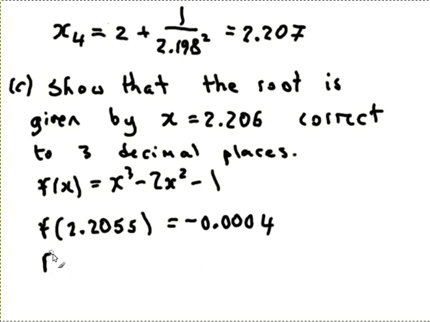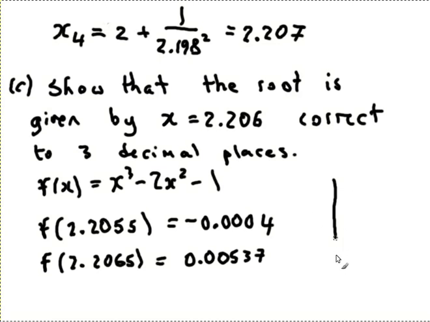Now, I hope you can guess that what we're going to plug in now is the value just on the other side of the root, 2.2065. And when we plug that in, we get 0.00537. And so, as you can see here, we've generated a change of sign.